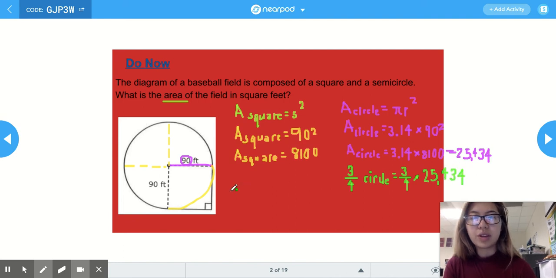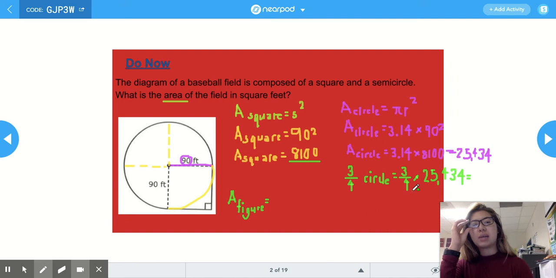So the area of the figure is going to be the sum of 8,100 plus whatever 3/4 times 25,434 is.